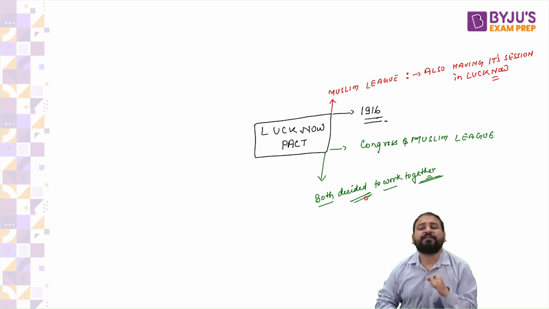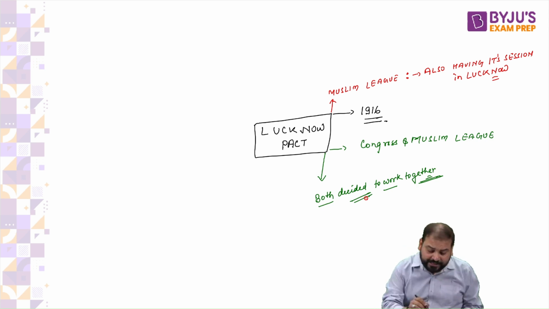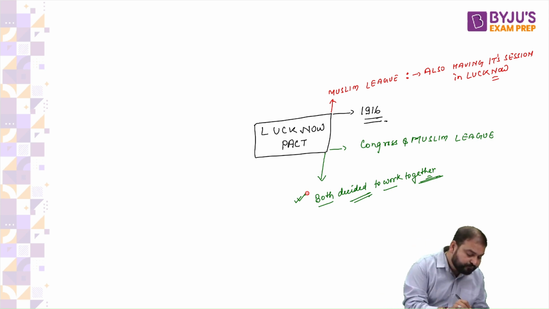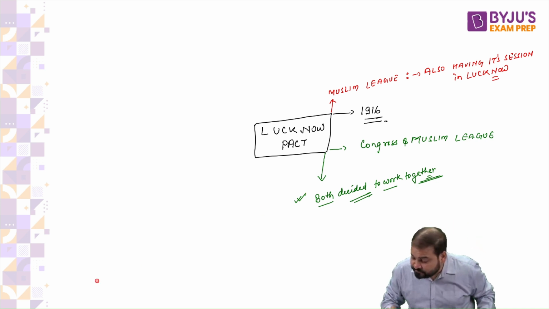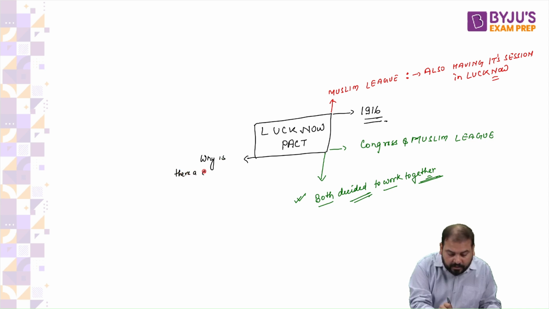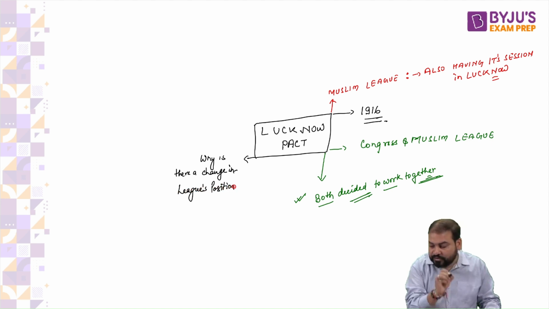What has happened in the last 10 years that the League and Congress have decided to work together? There must be some change now. If I ask you in simple words, why is there a change in the League's position?